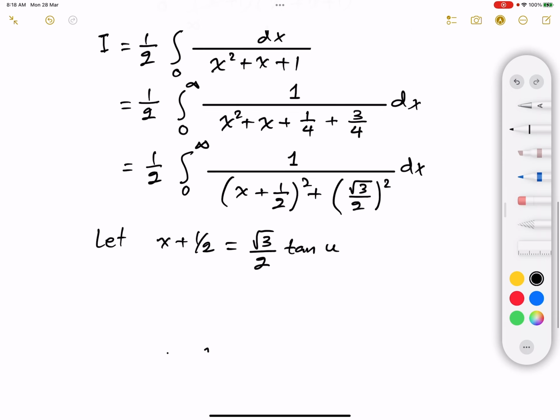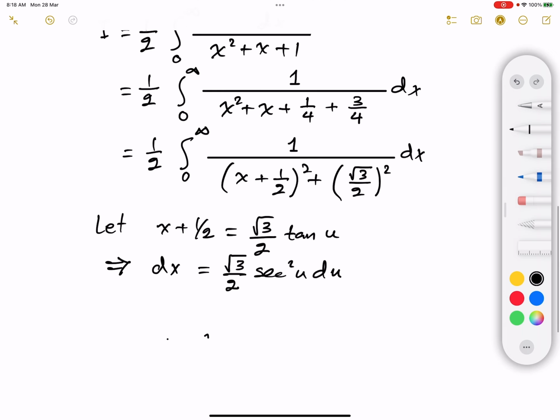Now we can differentiate both sides, so that would give us dx equals the square root of 3 divided by 2 secant squared u du. And now we also need to change the limits. Let's see what 0 and infinity become here.